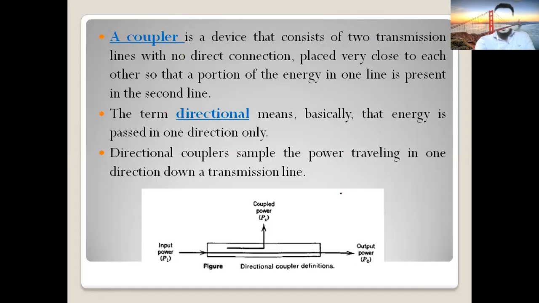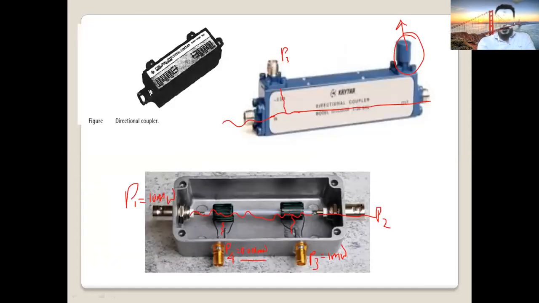So now what remains? How much will be P2 here? Look here, if you apply 10 milliwatt, 1 milliwatt goes to P3, 0.001 milliwatt goes to P4. The remaining power will be P2. So what will be P2?